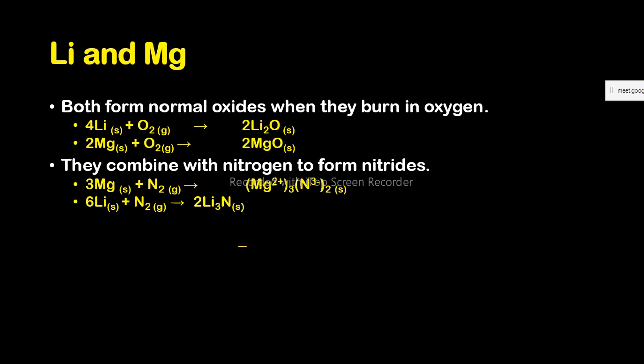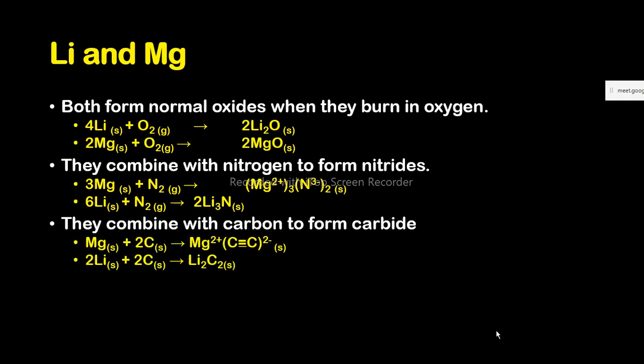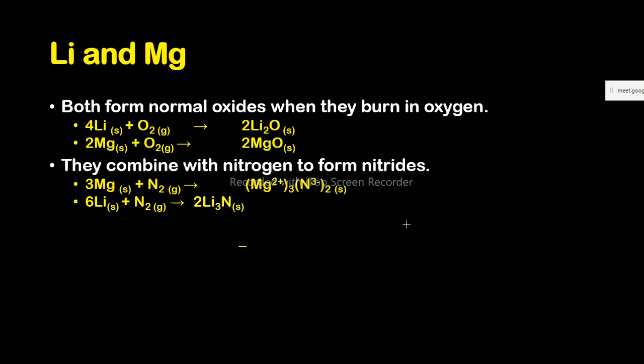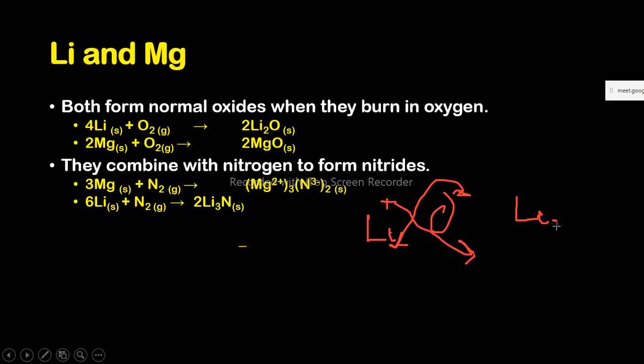They are called normal oxides because any element normally combines with exchange of oxidation states, where lithium has one and oxygen has two. They exchange the oxidation states, their valencies, and this one comes here and this one goes there, and you form Li2O.